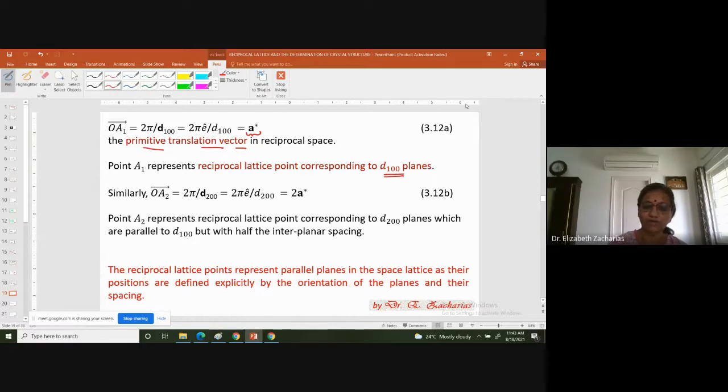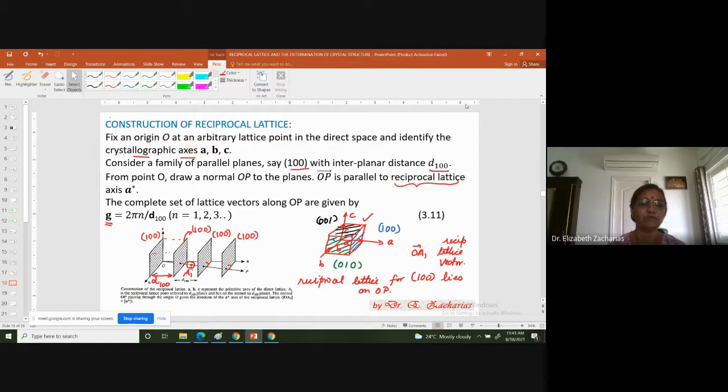Next, I'll go back to the previous picture. We will put some more planes in between, exactly at half the distance. In my original picture, I had 4 planes belonging to the family of 100.